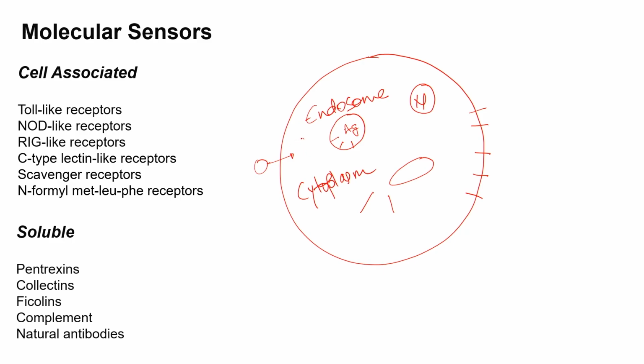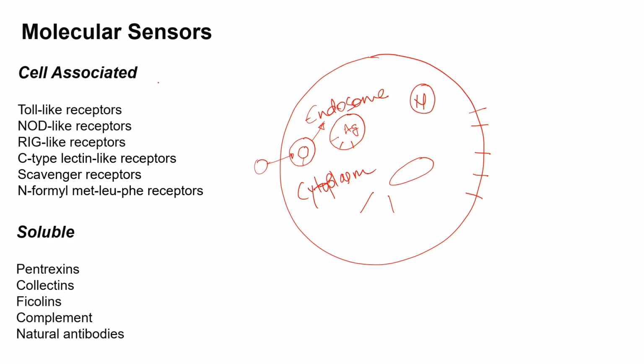When endocytosed, they are engulfed in a specific compartment called endosomes, so they are identified by the sensors present on endosomes as well. This is a characteristic feature of some of the viruses.